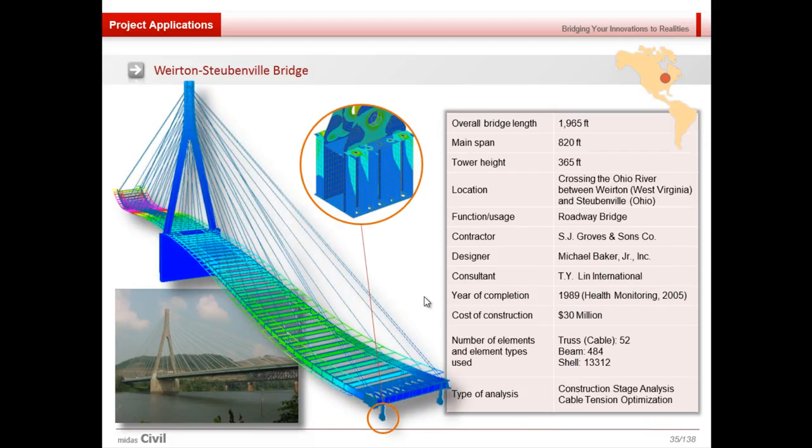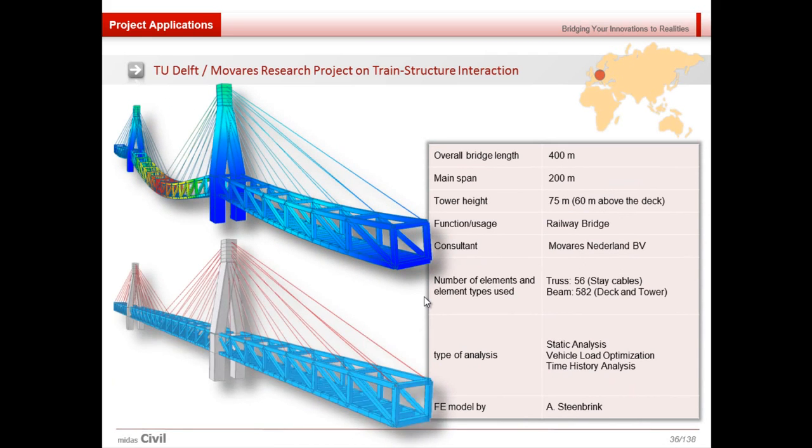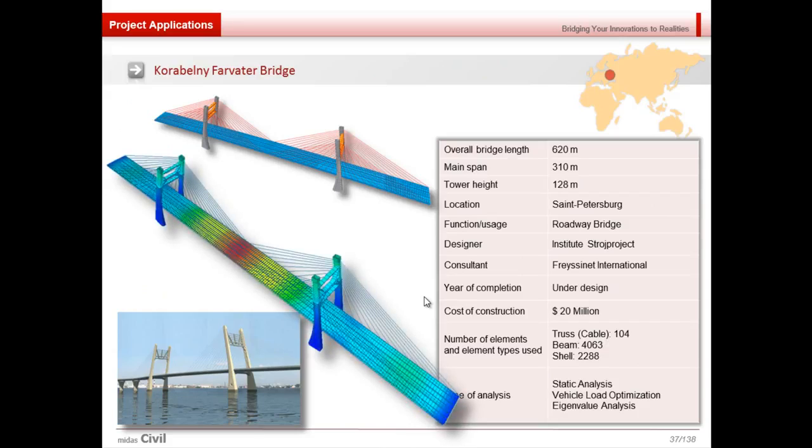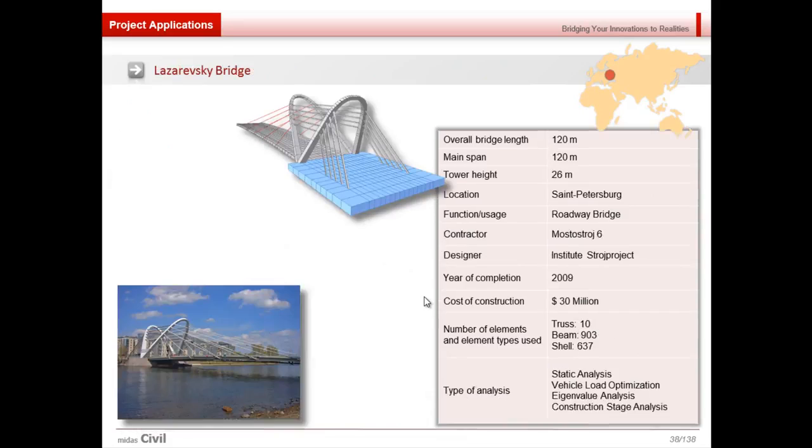The Weirton-Steubenville Bridge, again in the USA. Here we have the TU Delft train structure and traction project in the Netherlands, and it was analyzed for consideration of time history analysis. The Korabinli-Farvater Bridge in St. Petersburg, Russia, again for vehicular load optimizations and eigenvalue analysis.